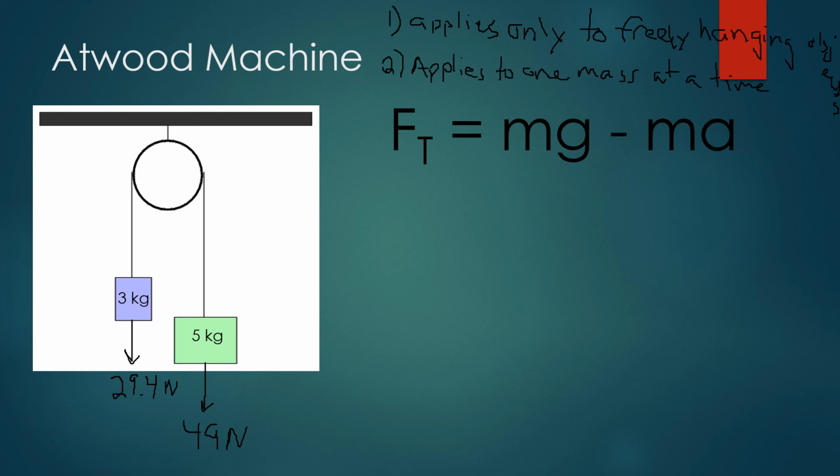But since they're attached to this rope, there's going to be some tension in the rope. So let's look at the 5 kilogram box. If the 5 kilogram box is being pulled down 49, it's being pulled down 49 on the whole rope through the top and then over. And then technically, we could say that on this side, it's being pulled up 49.